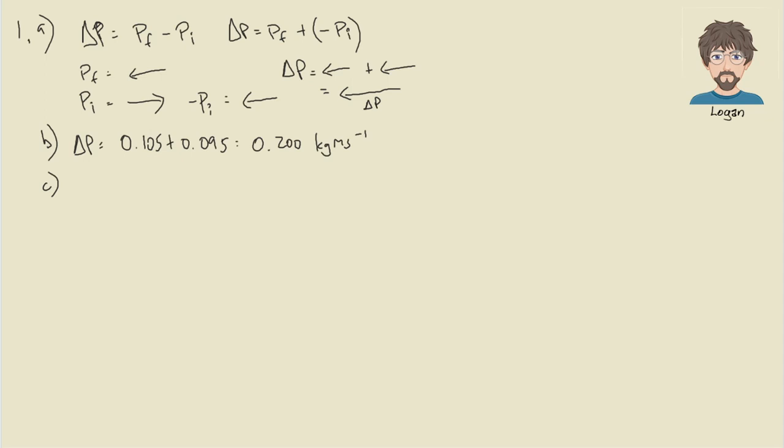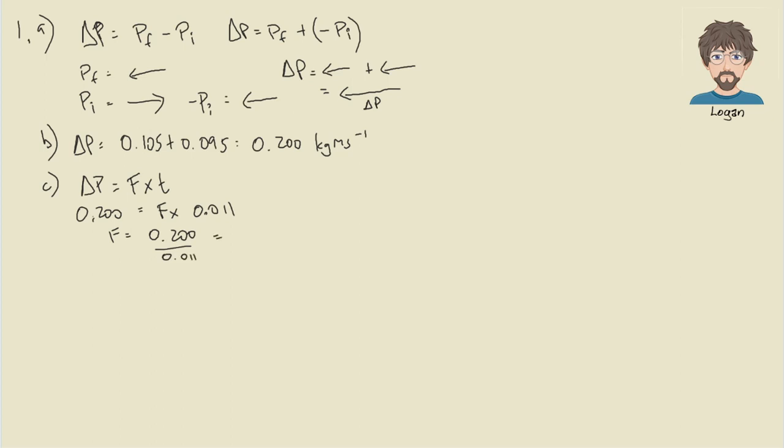Part C, calculate the size of the average force on the ball. The thing you need to remember is that the impulse, the change in momentum, equals the force applied during the collision multiplied by the amount of time that the collision takes. So 0.200 equals F times, and we've been given the amount of time, 0.011. F equals 0.200 divided by 0.011.